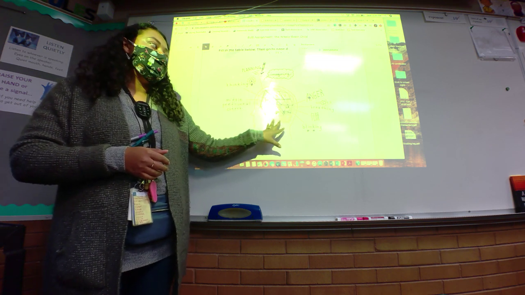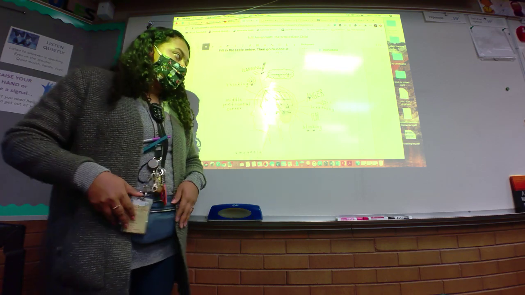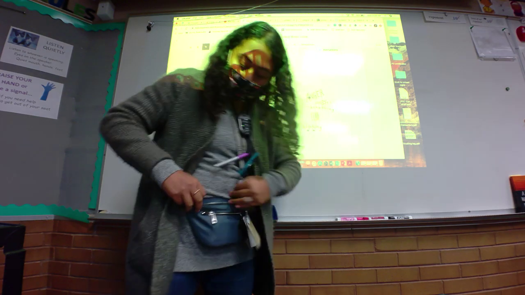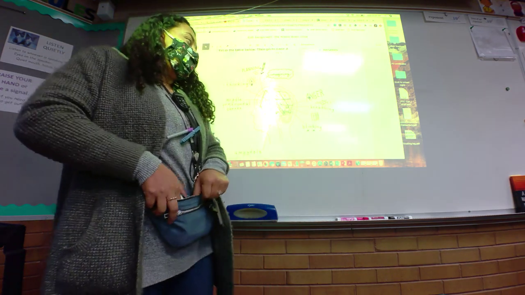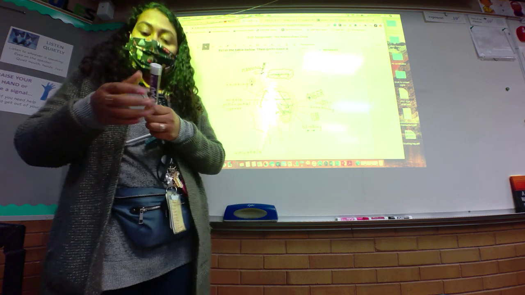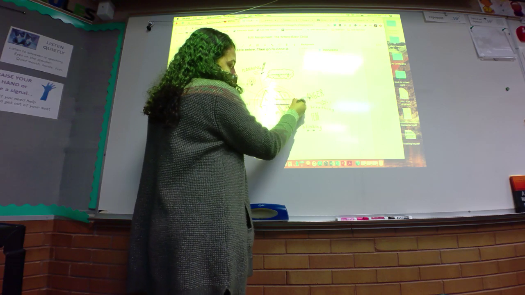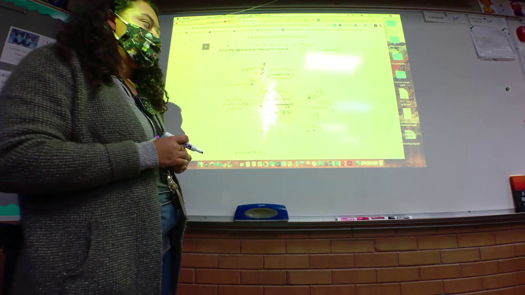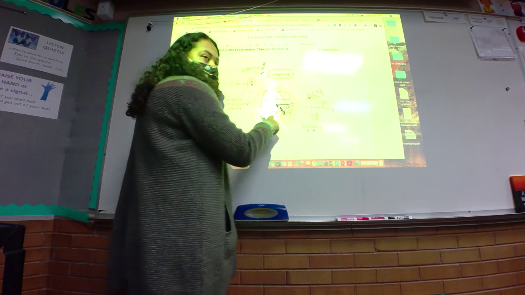On top of the brain is a picture of a house. In that house, there is a staircase that shows you an upstairs and a downstairs. Here's the staircase that connects to the downstairs.